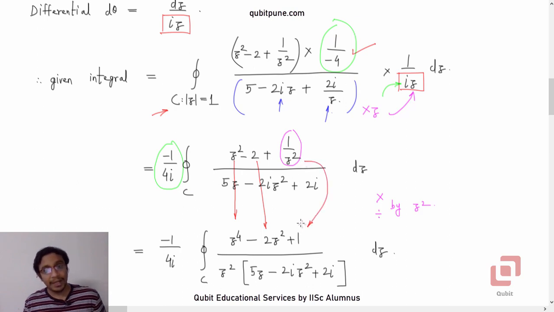Okay, but as a result of this, the denominator will also get multiplied by z squared, but don't multiply this quadratic expression by z squared, because anyways we will be equating this denominator to 0, which will produce the poles. Okay, so it is z squared into the original denominator, 5z minus 2i z squared plus 2i. All right.